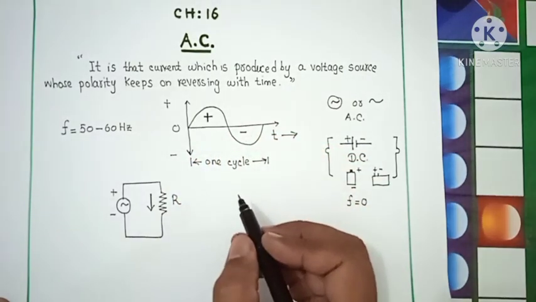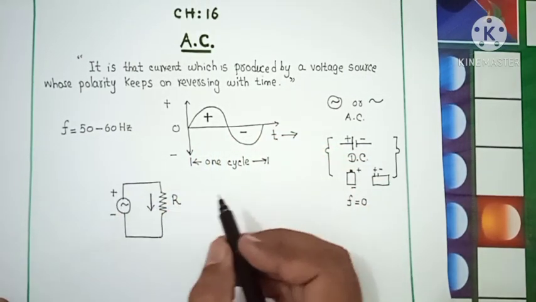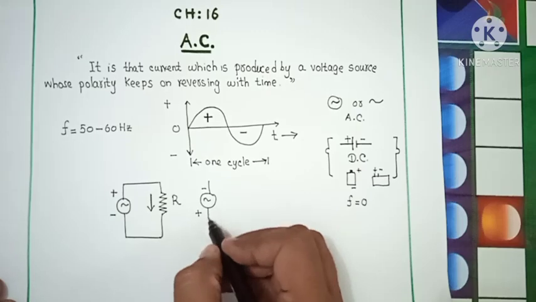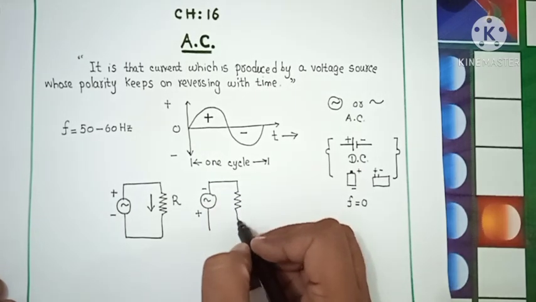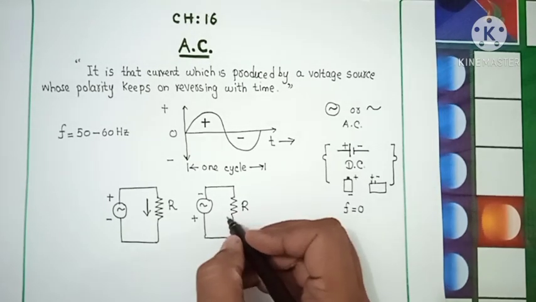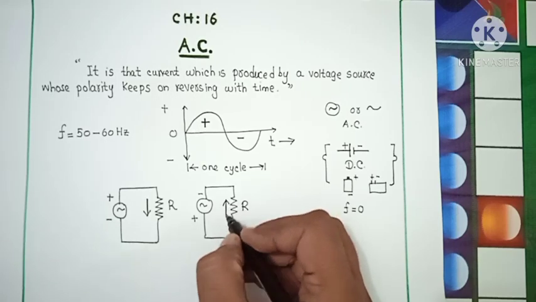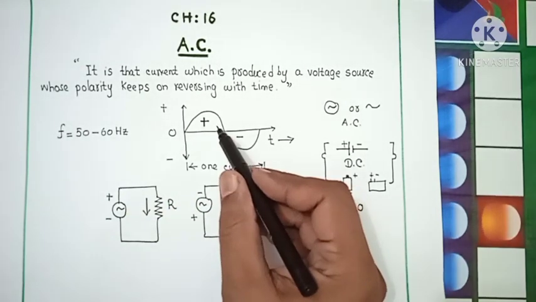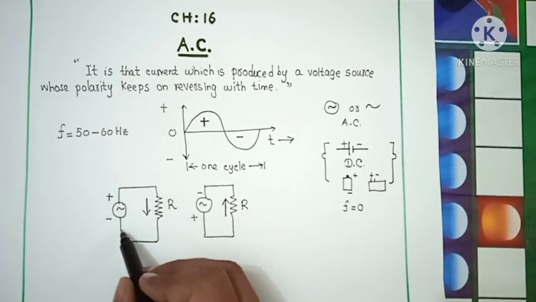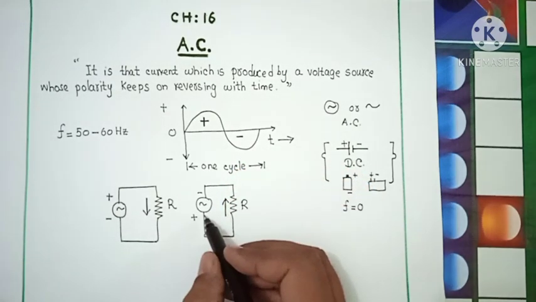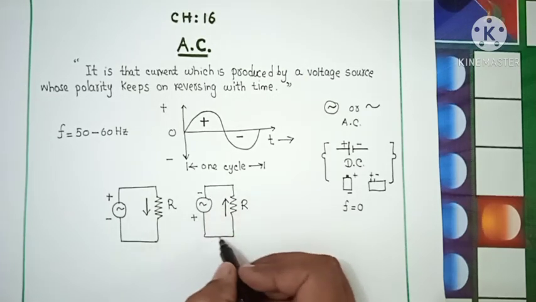This is for the positive half cycle. In the negative half cycle, the upper side becomes negative and the lower side becomes positive, with the same resistance R. Now the direction of current is from lower to top, positive to negative. During the positive half cycle, current flows clockwise, and in the negative half cycle the direction of current reverses, from positive to negative but in the anti-clockwise direction.